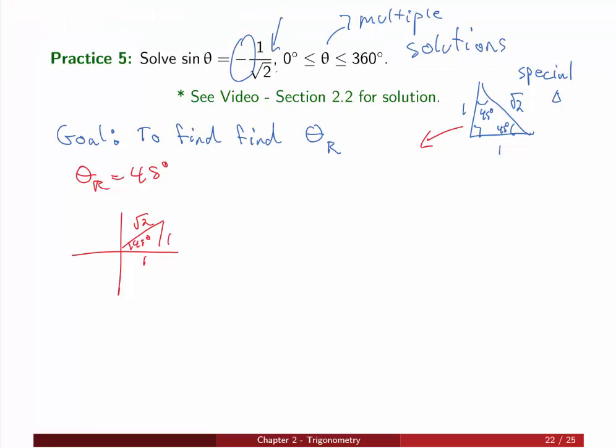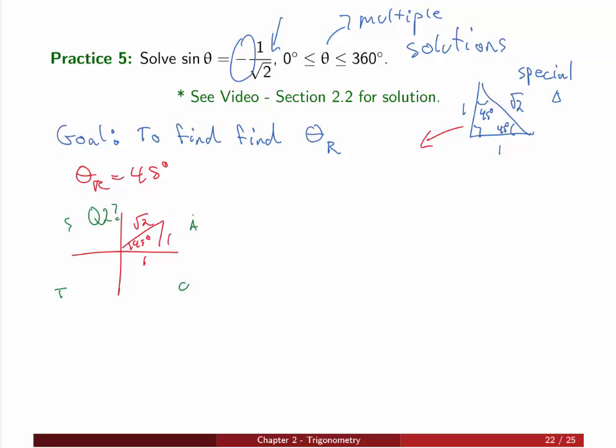But that's not what we have, because sine is negative. Where is sine negative? That's a good question. Is it negative in quadrant 2? No. Remember the cast rule? The cast rule tells you where these things are positive, but it's not great to memorize the cast rule. You should understand what's going on.